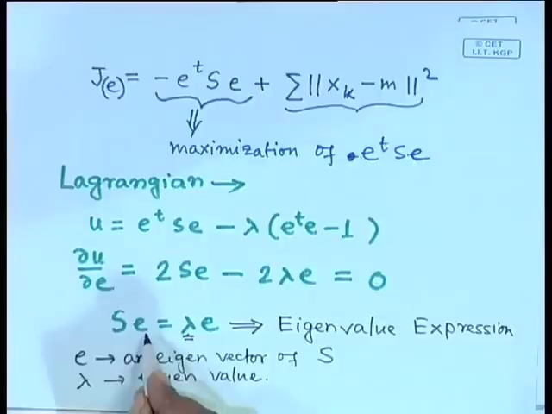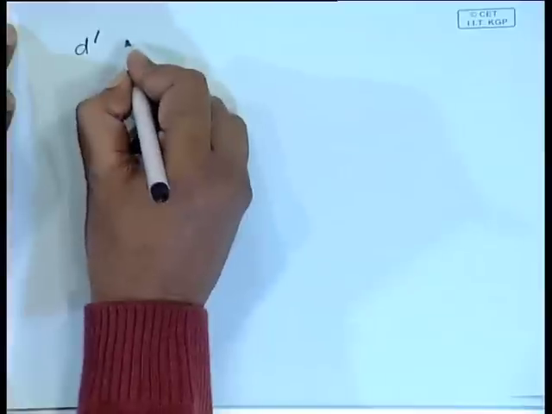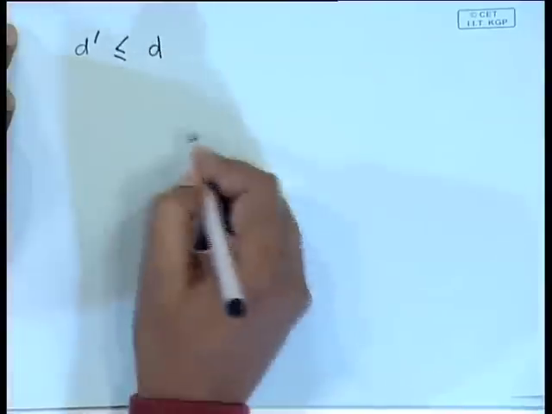Now, instead of considering only a single eigenvector, if I consider multiple eigenvectors corresponding to the largest eigenvalues. So, instead of considering only one eigenvector, if I consider d prime number of eigenvectors, where d prime is less than or equal to d, corresponding to d prime number of largest eigenvalues, okay, then take the orthogonal projection of your d dimensional feature vector onto those eigenvectors.